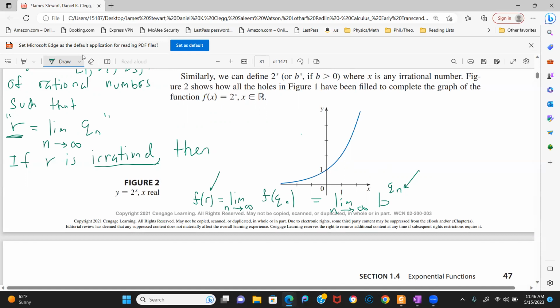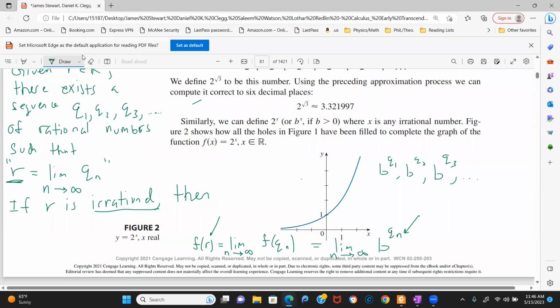So I can take b to the q1, b to the q2, b to the q3, etc. So given this sequence of rational numbers, I can form this sequence here, and this is going to approach some number. Whatever that number is, call it f of r. And so now you can extend the definition of the exponential function to the irrational numbers.